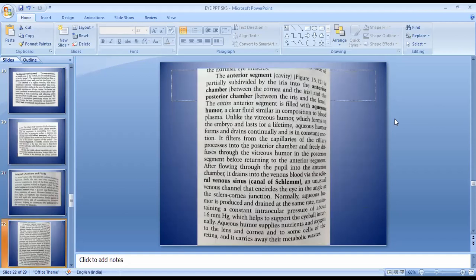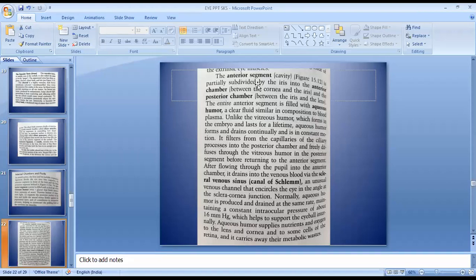Next, the anterior segment. The anterior segment is partially subdivided by the iris into the anterior chamber, between the cornea and the iris, and the posterior chamber, between the iris and the lens.